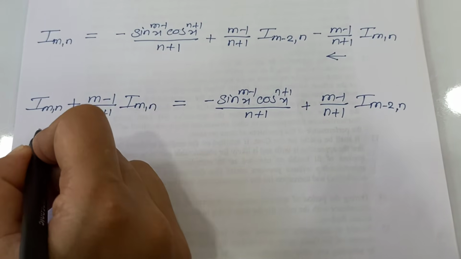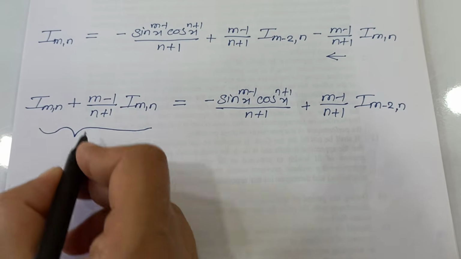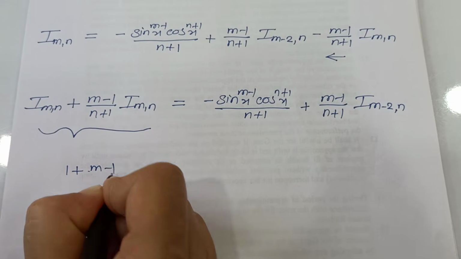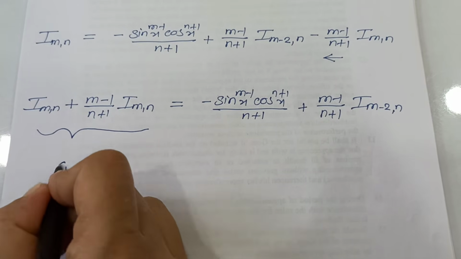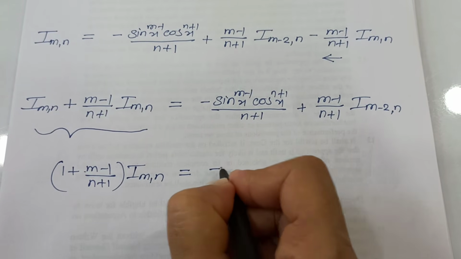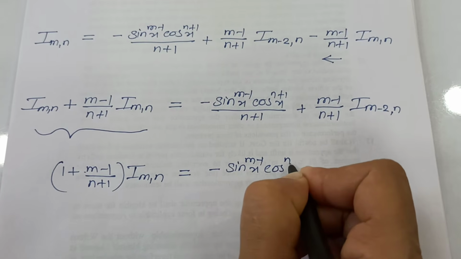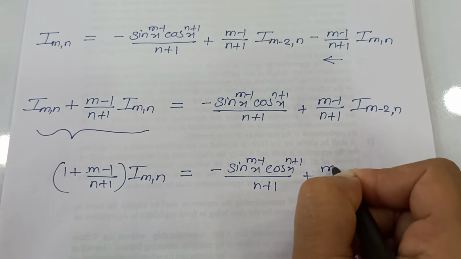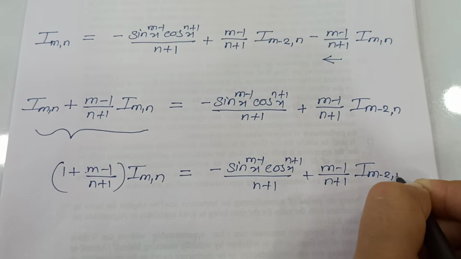Let's simplify the term which is there on the left hand side. So if we simplify this, this gives me 1 plus m minus 1 upon n plus 1 I m comma n. The terms on the right hand side will remain as it is. M minus 1 upon n plus 1 I m minus 2 comma n.